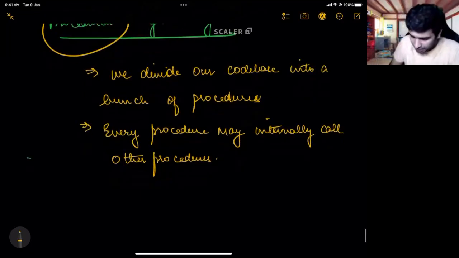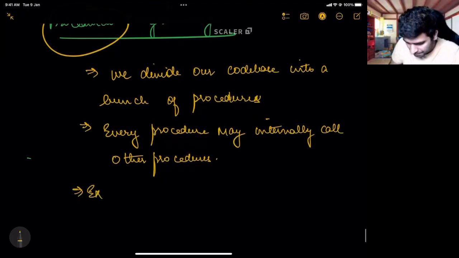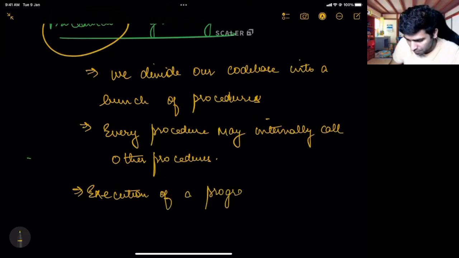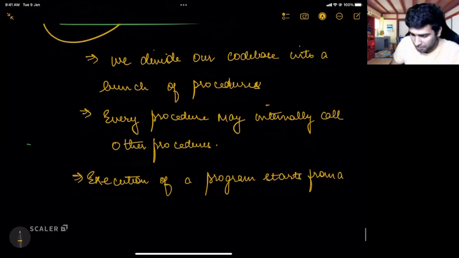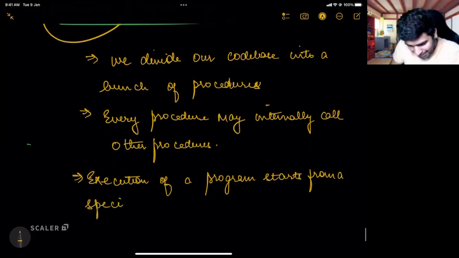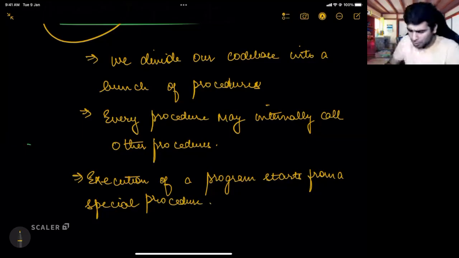Now, the execution of a program starts from a special procedure. Any guesses what is often the name of the special procedure? Most of the times, this procedure is called main.